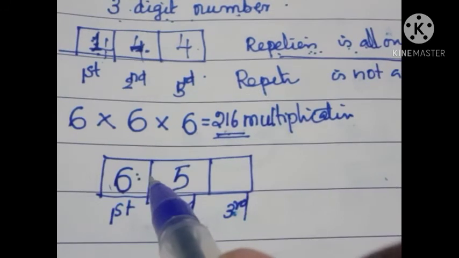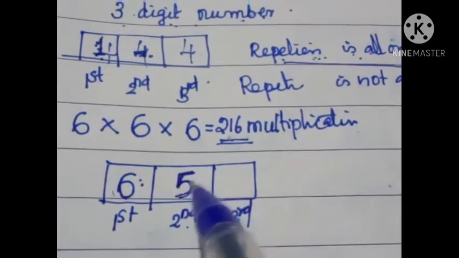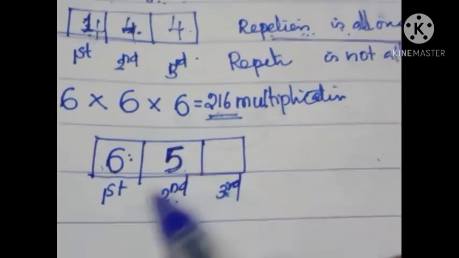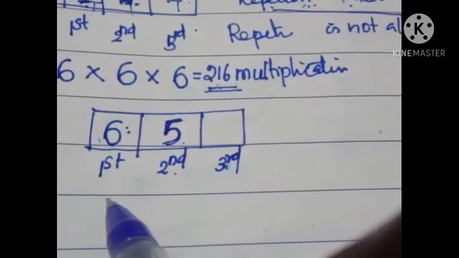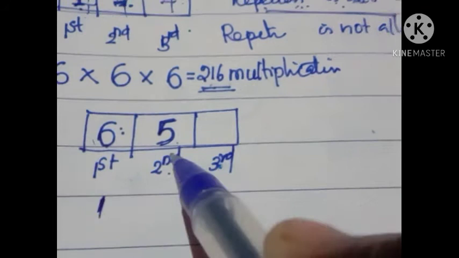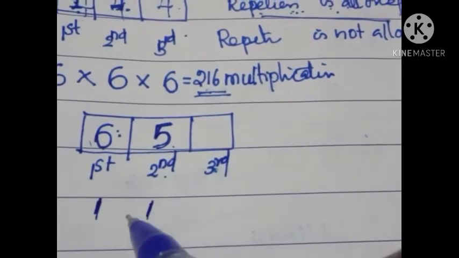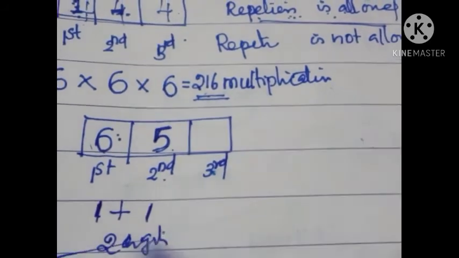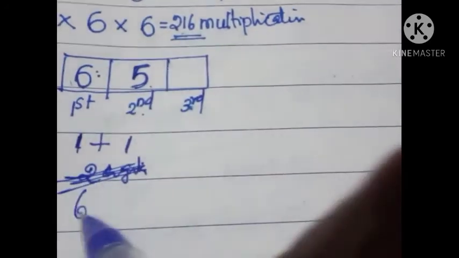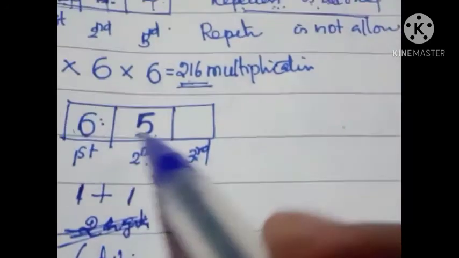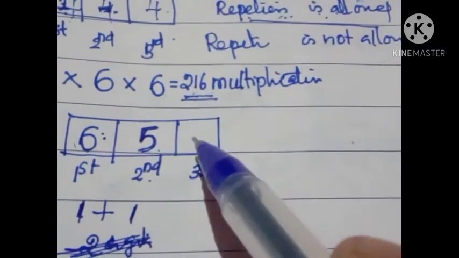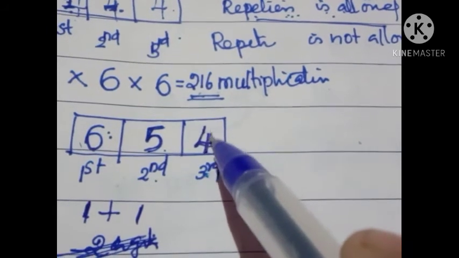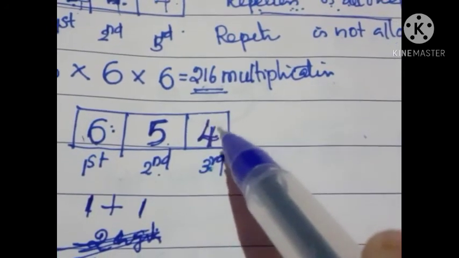So the remaining 5 digits can fill the second place. Two digits are occupied, out of 6 total digits, so 4 digits remain and we can use any of them to fill the third place.